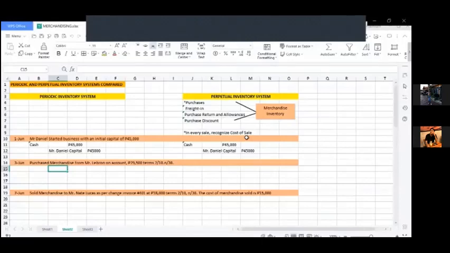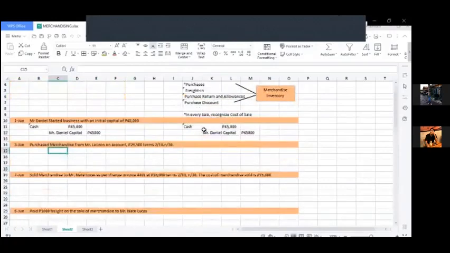Dito sa perpetual inventory system, yung mga ginagamit nating purchases, freight-in, purchase return and allowances, and purchase discount, papalitan natin yan ng merchandise inventory. So, mag-proceed na tayo sa pag-journalize ng entries.